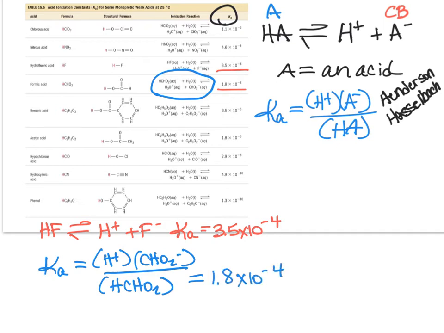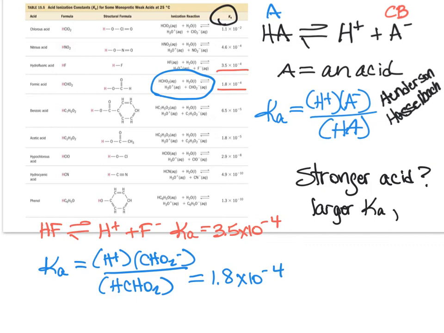So the question is, which one is the stronger acid? And the way that I do this is to compare the Ka. The larger Ka means the stronger acid. All right, so if I'm comparing these, I can convert them to standard notation.